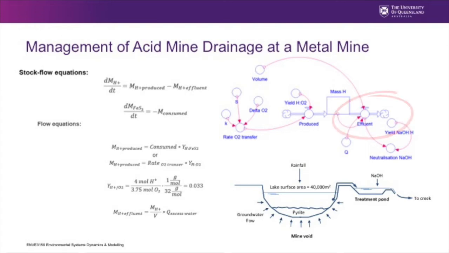As outflow, we have the hydrogen that is leaving in the effluent, and this is calculated by the mass of hydrogen in the stock divided by the volume, times a flow that is the excess of water leaving the system. So as you can see, this means that the effluent is an algebraic variable because it involves the stock.